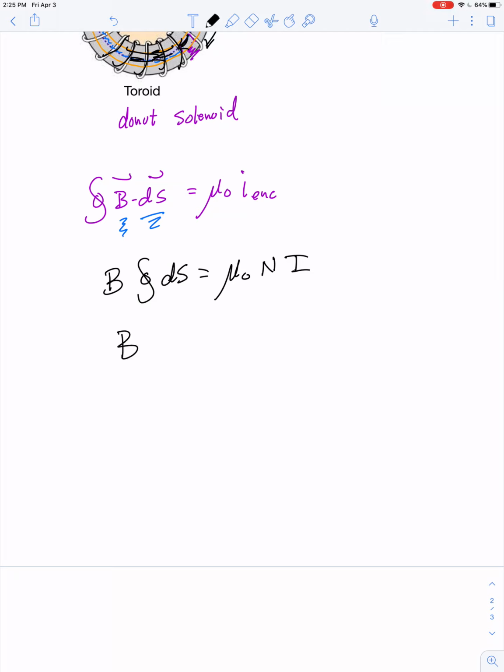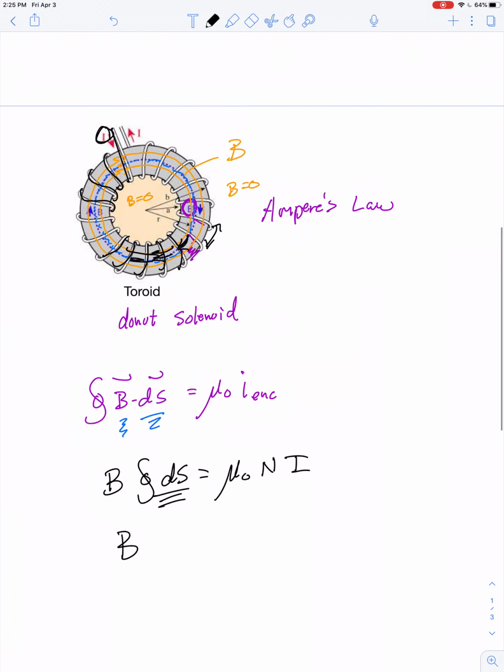The integral of ds just gives us the total path of our chosen Amperian loop, which would be equal to, we can call this capital R, and we'll measure that to the center of the toroid. So we can say there's a distance a to the interior and b to the exterior.